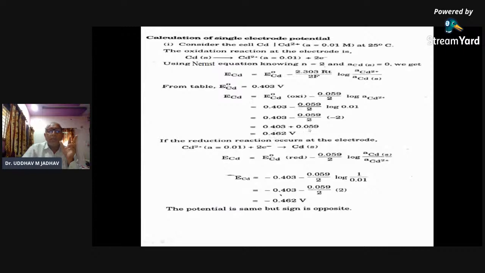If you make the sum, then it will be 0.462 volt.